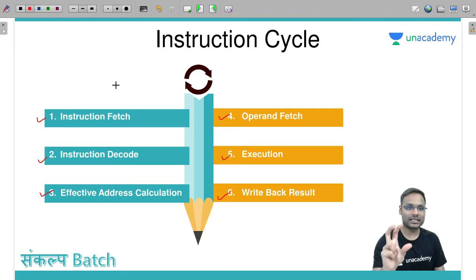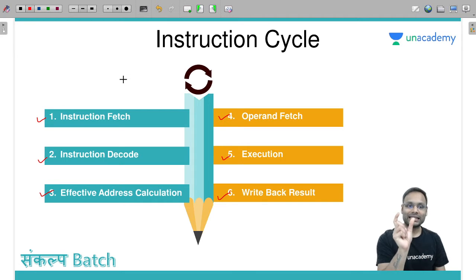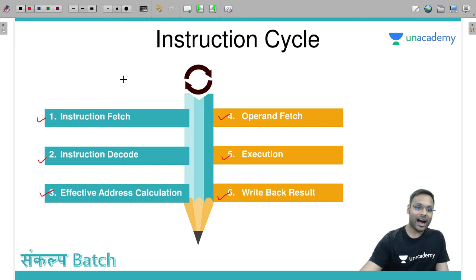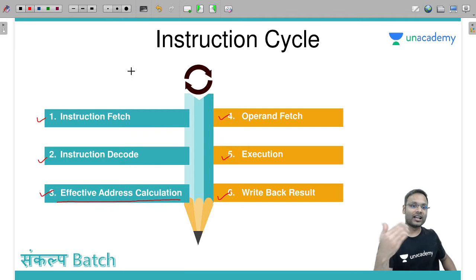Once the fetch is done, the CPU will decode the instruction. Decoding the instruction means the opcode part is decoded, and the CPU will try to know exactly what operation this instruction wants to perform. Once the CPU gets that, it will decode the remaining part of the instruction, addresses and other things.